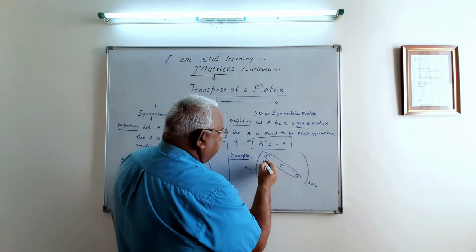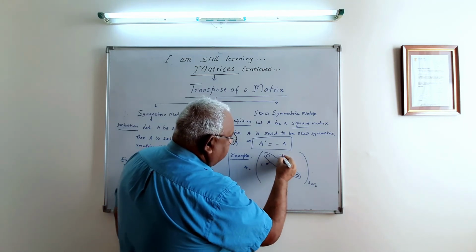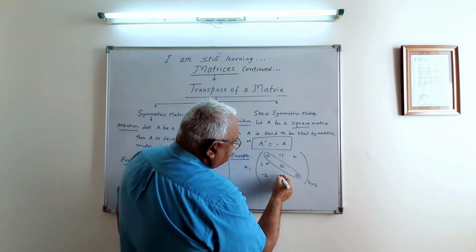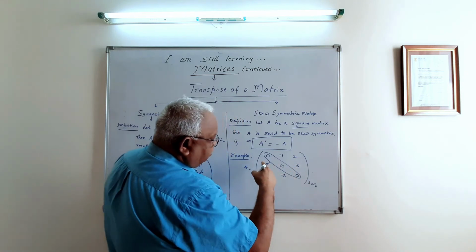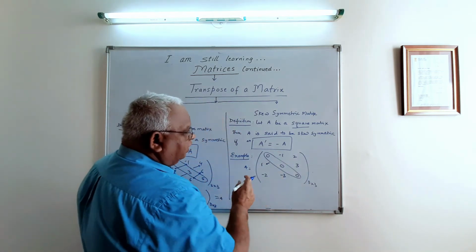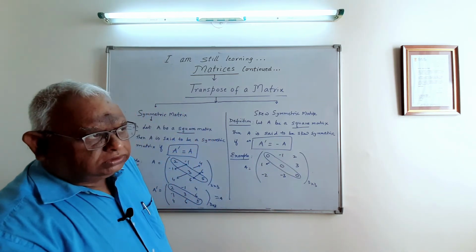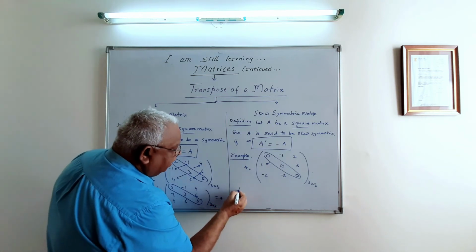Then across the main diagonal, you take 1, minus 1, minus 2, 2, minus 3, 3. Take the elements in such a way that their sum is 0. So what will happen when you take the transpose?